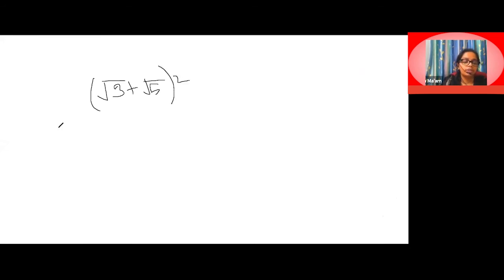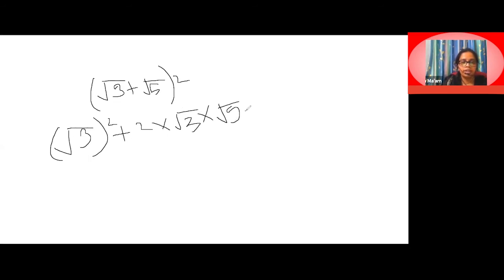In this case, a plus b bracket square, I will use the same formula: root 3 square plus 2 into root 3 into root 5 plus root 5 square.